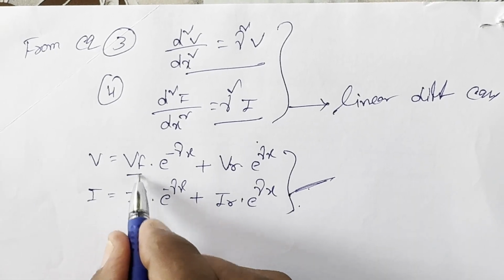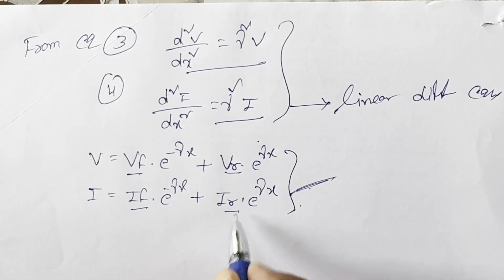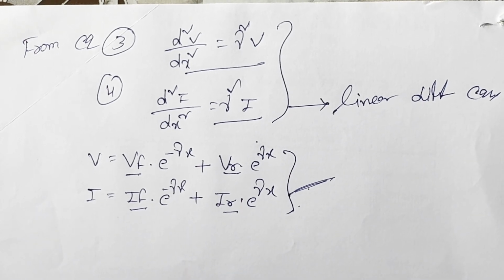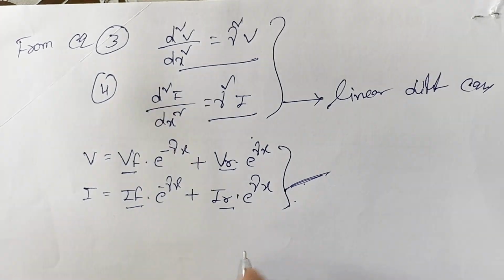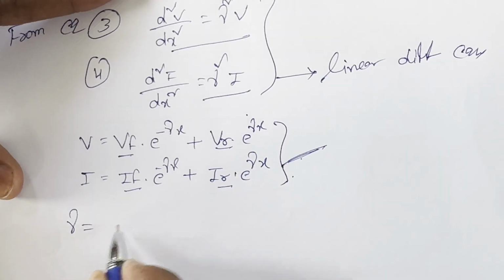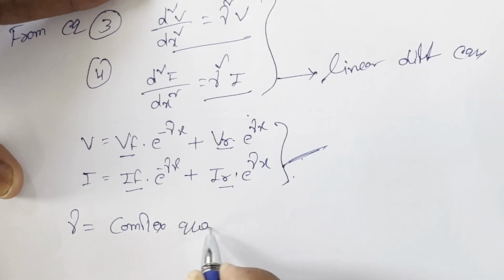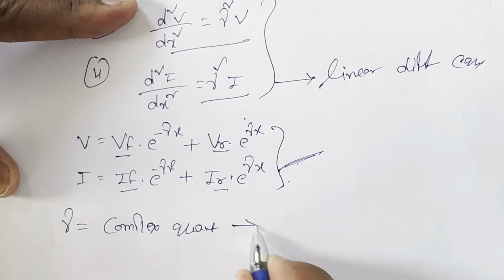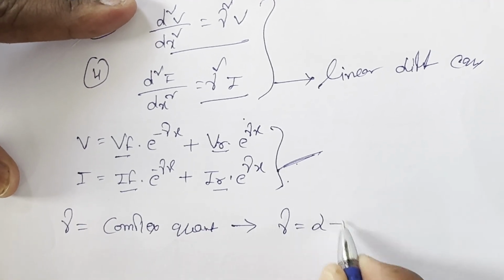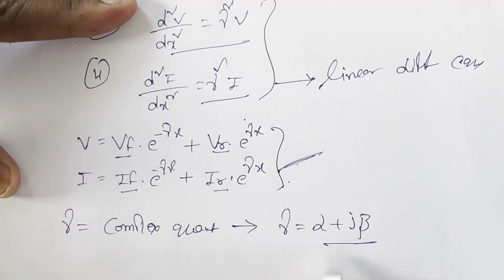Here Vf, Vr, If, Ir are arbitrary constants, and the value of gamma is a complex quantity, and it can be written as gamma equal to alpha plus j beta.